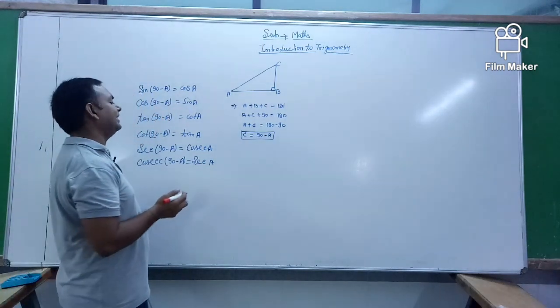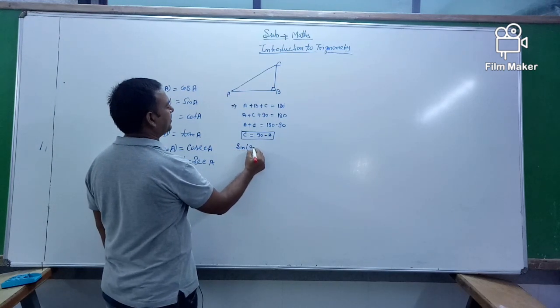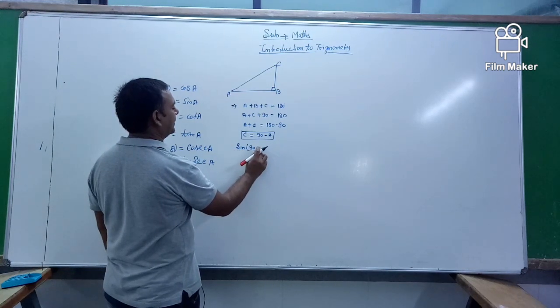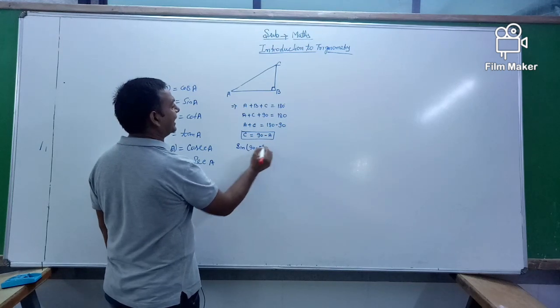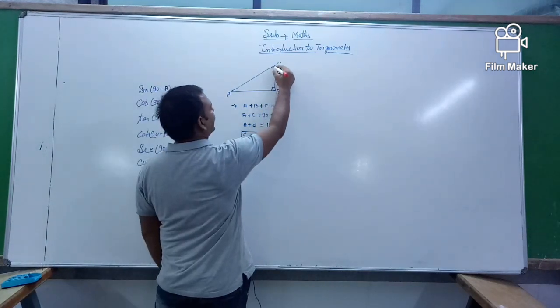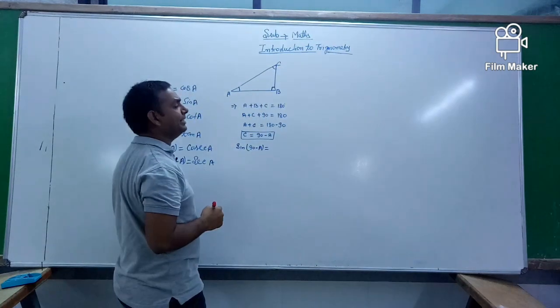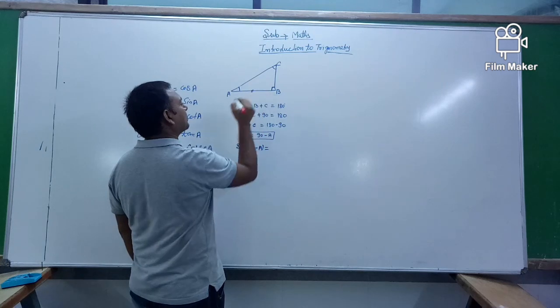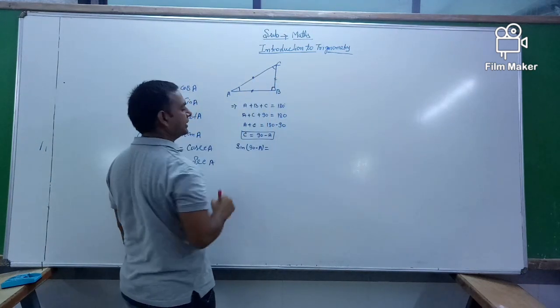So here you see that sine 90 minus A means angle C. If you take the angle C, this is the angle A and this is the angle C. For angle C, this is the perpendicular, this is the base, and this is the hypotenuse.